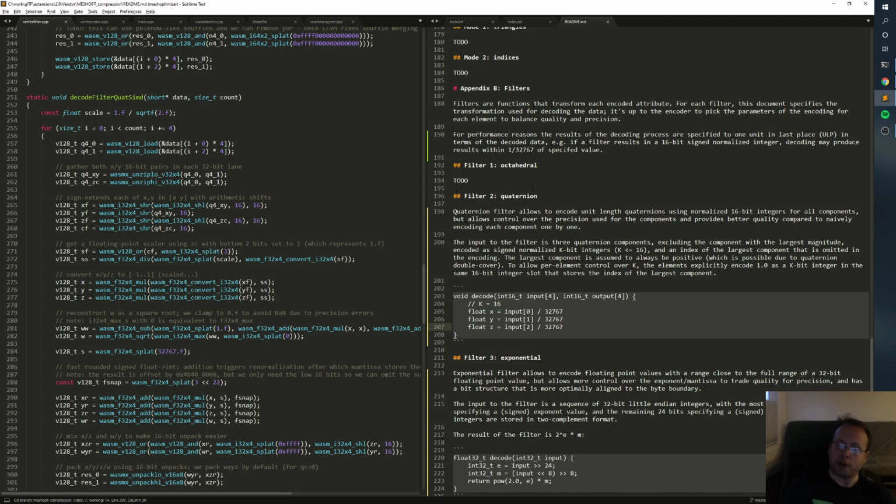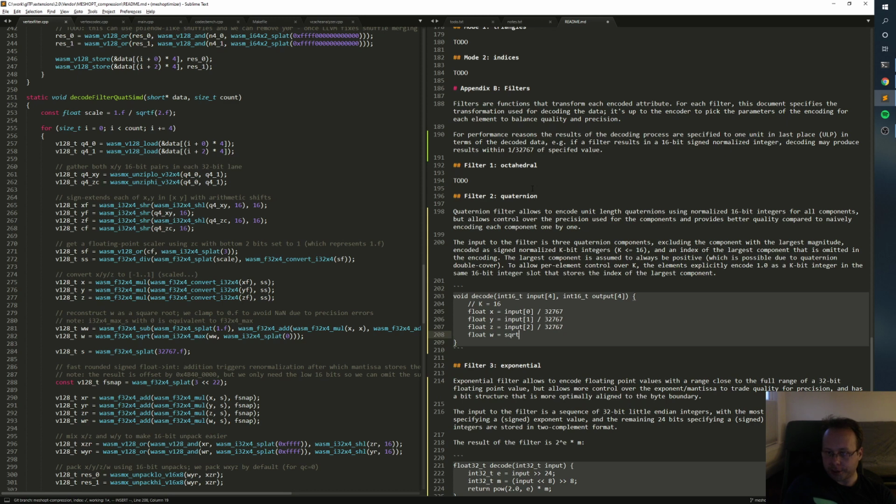And then we need to reconstruct the fourth one. So this is just the square root of 1 minus x times x minus y times y minus z times z. And you need to clamp the thing you're feeding into the square root to 0, because of the imprecision in the input, you may actually get a result that's more than 1 perhaps, and then square root will return a NaN, and that's just a bad time for everyone.